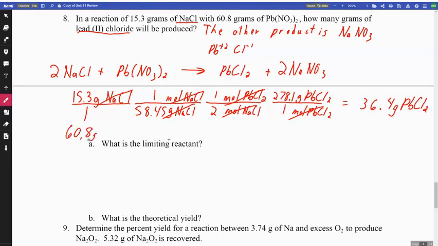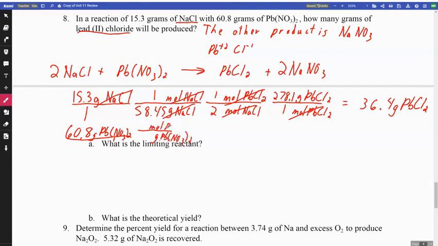Okay, so now we do our other given, which is 60.8 grams of not Cl, sorry, Pb(NO3)2. Oh man, I did not leave myself very much room for that. We'll have to repair that up here. There we go. Okay, so grams of that goes on bottom.